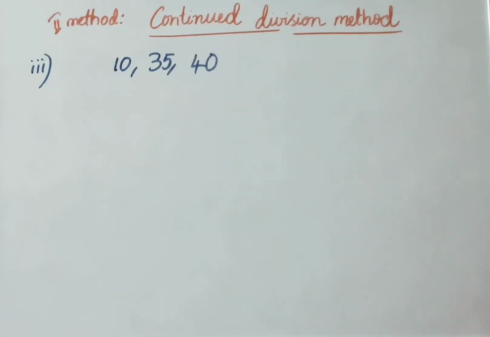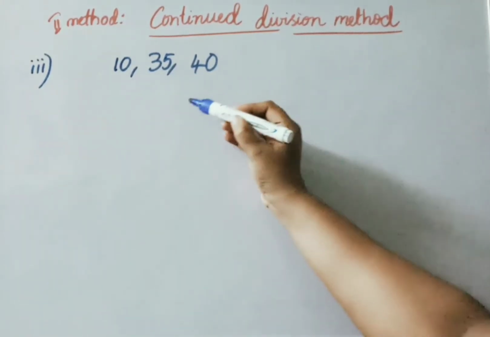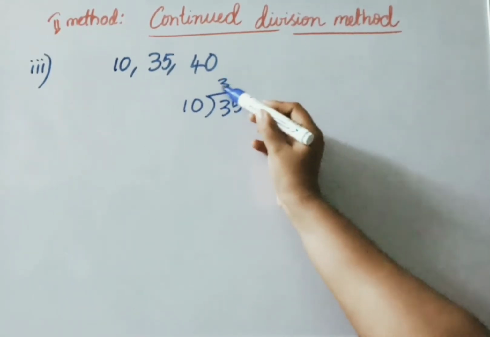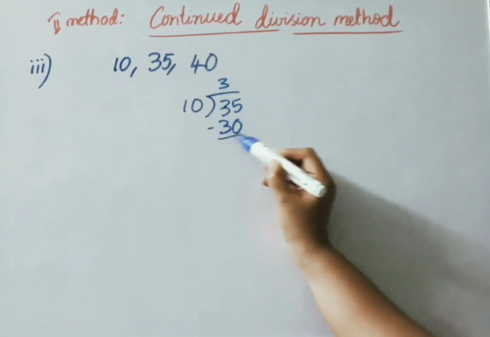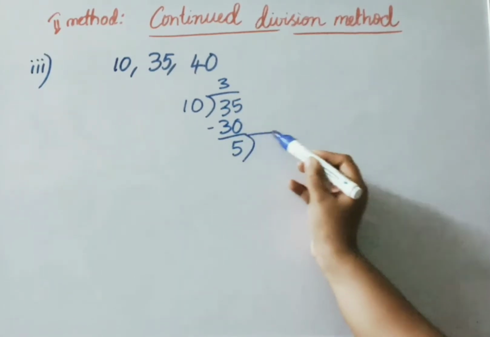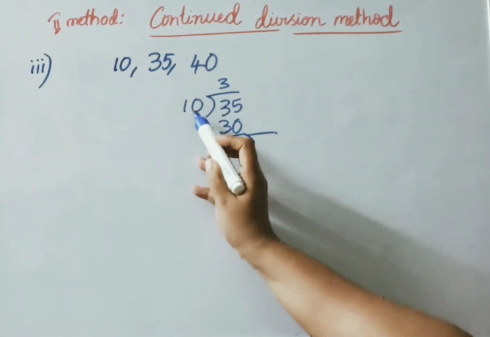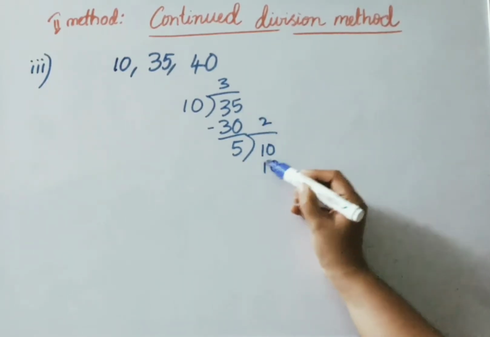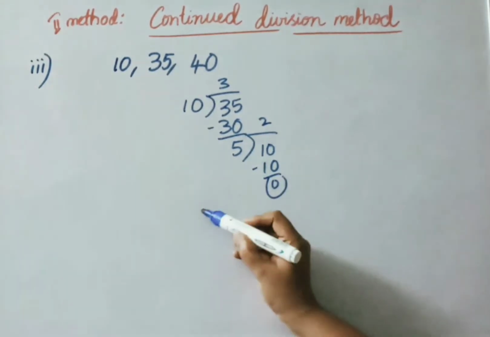See the first question, third bit in continuous division method. Let us take 10 and 35. 10 3s are 30. We will get a remainder 5. With this 5, divide the previous divisor 10. 5 2s are 10. We get a remainder 0.